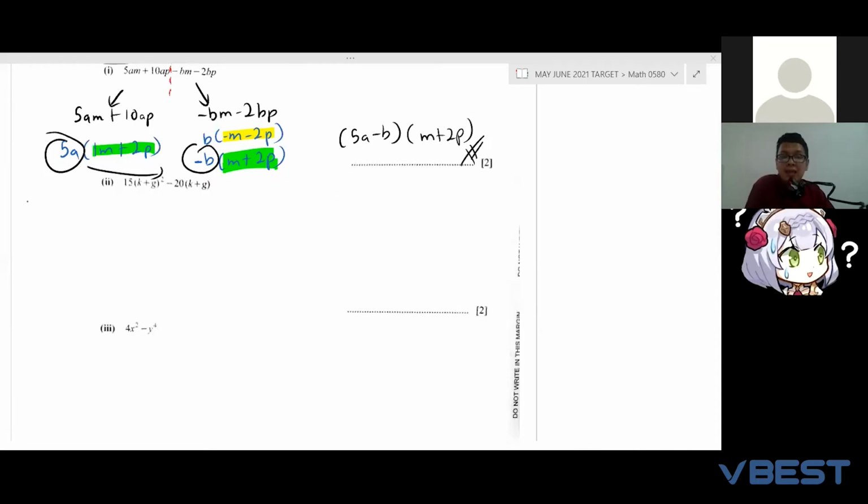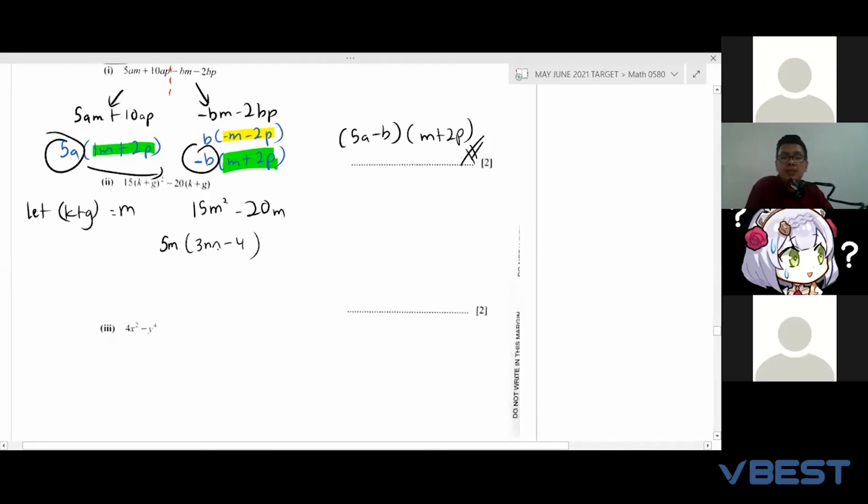Just let k plus g be any letter. Maybe I put m, anything. So 15m squared minus 20m, then you factorize it like that. Bring out 5m, it becomes 5m(3m minus 4). From here, you've already factorized it.